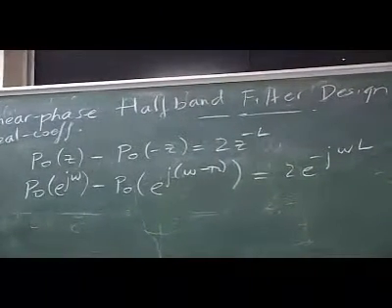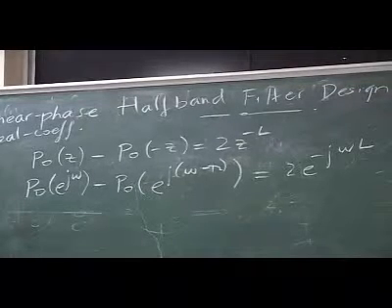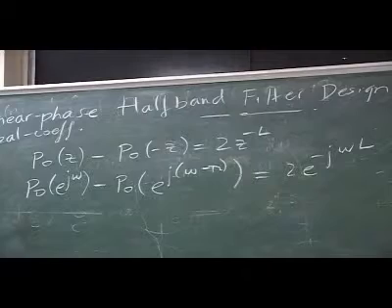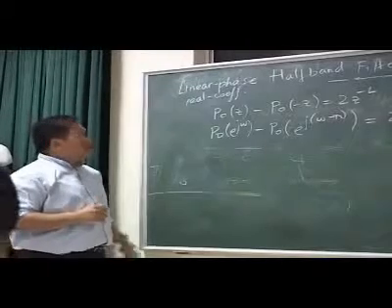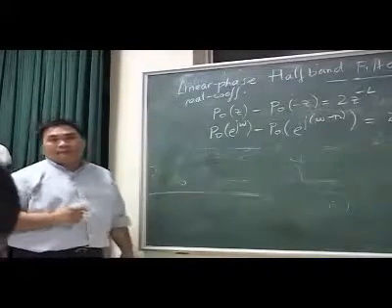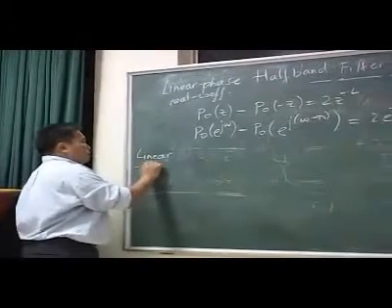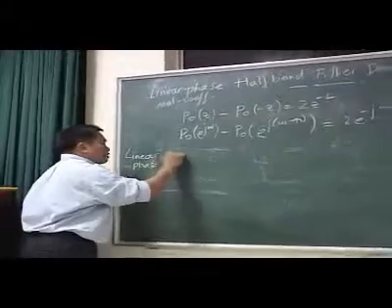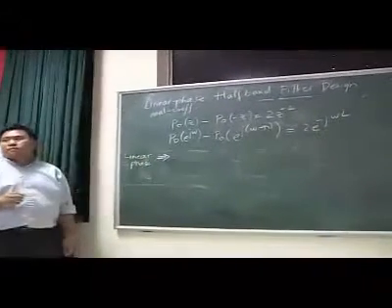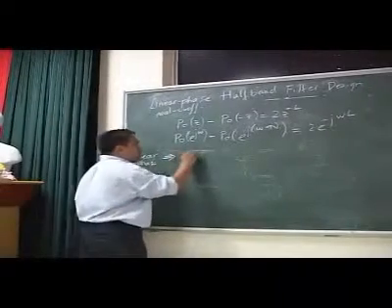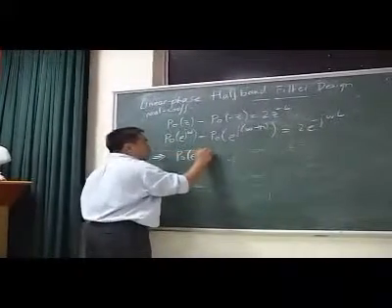What's next? So how do we use linear phase? Linear phase implies what? What is P naught of e to the j omega?